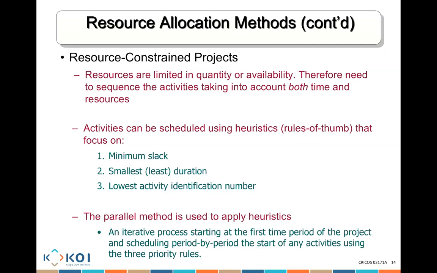After you've allocated people to the activity that has the minimum slack, the next thing you do is allocate people to the activity that has the smallest duration. You can say, why the smallest duration? Because the smallest duration means I can immediately go and do other activities that might take longer, and not delay activities that might require a different resource.